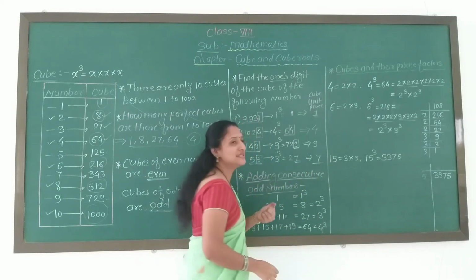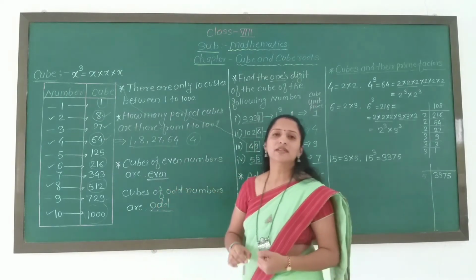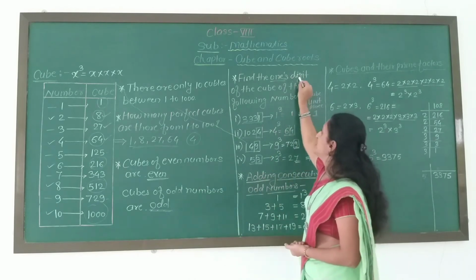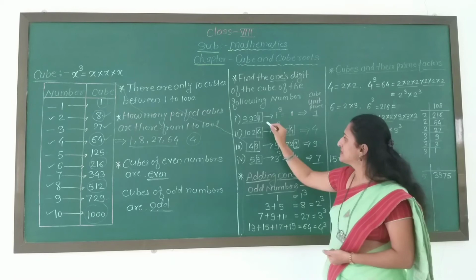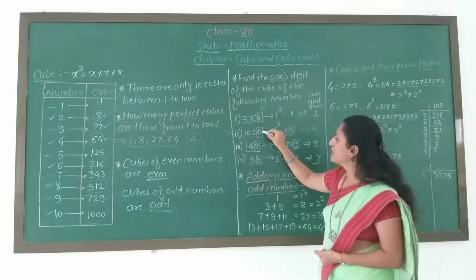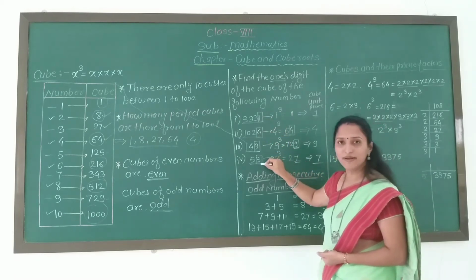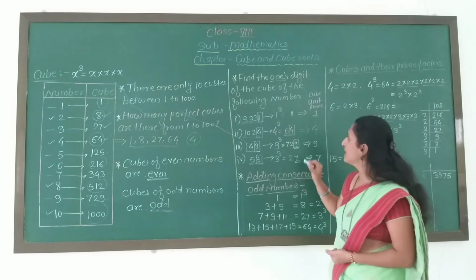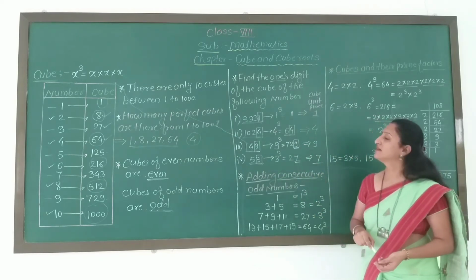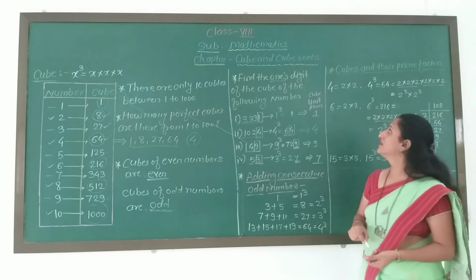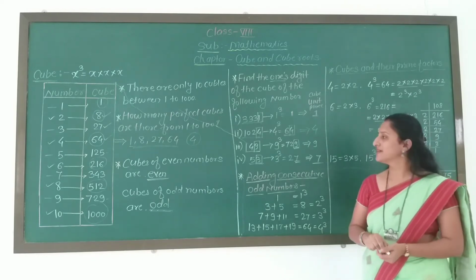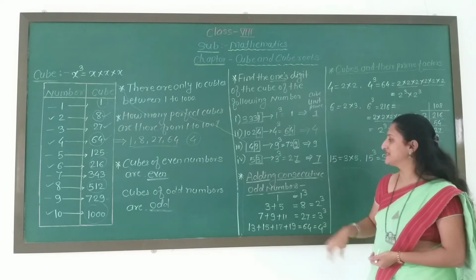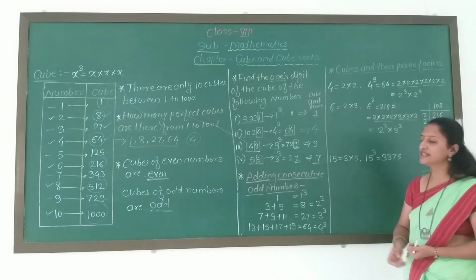So this is the easiest way to find the ones digit of the cube of a number. Just calculate the cube of the digit at the unit place, and you have got the ones digit of the cube of the number. Okay, understood? Yes.